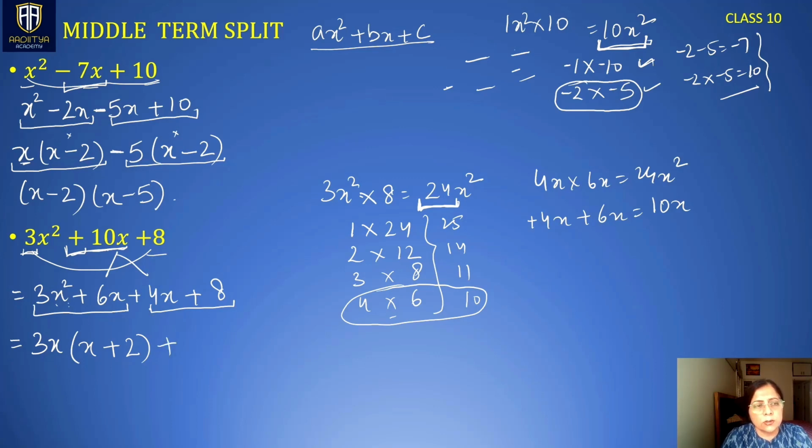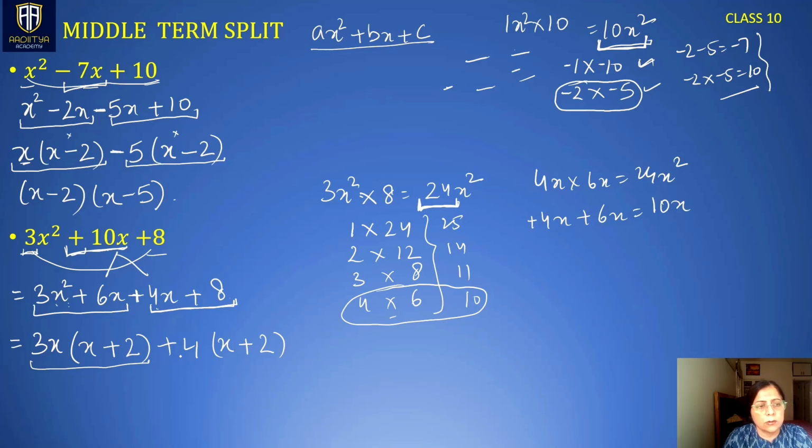Then from the next two terms, the third term is positive, so we have to take a positive sign here. These two terms have a 4 as common factor, 4 and 8. So we take 4. After taking 4, we are left with x at the first place. And after that, 8 divided by 4 gives us 2. Right?